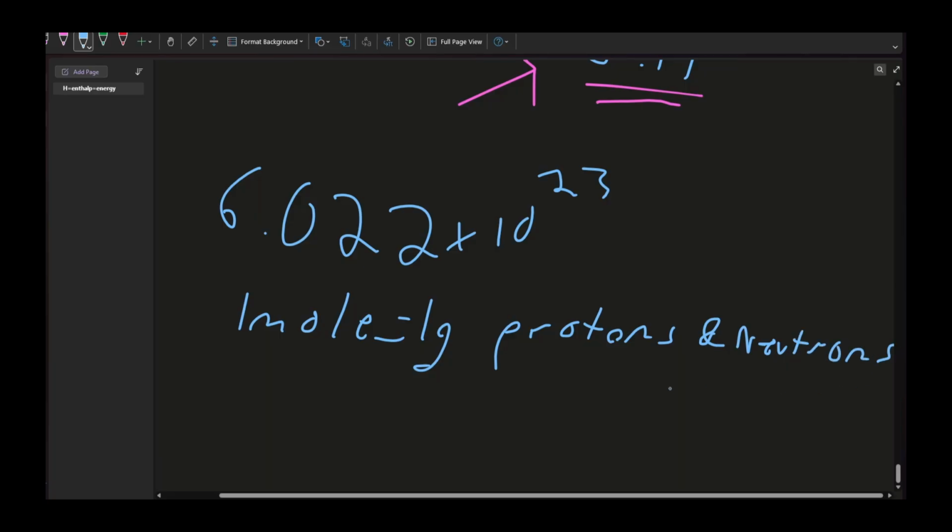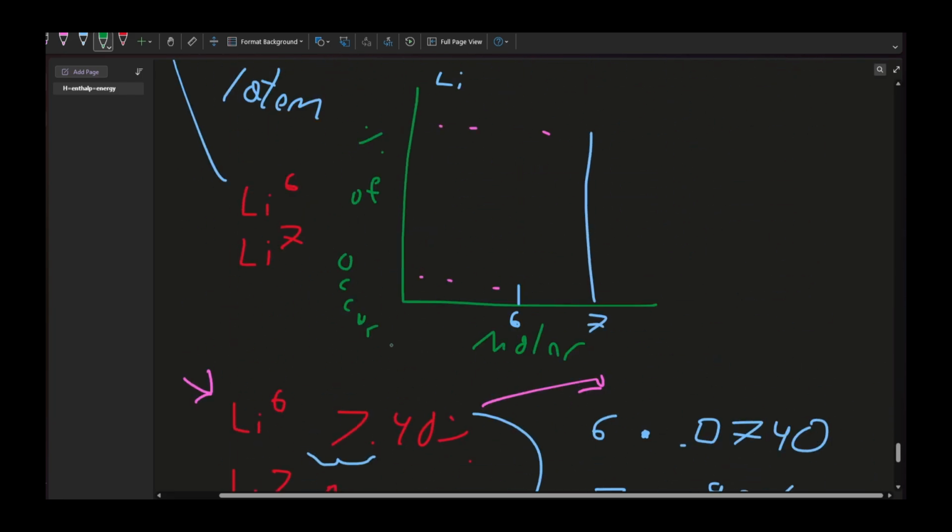This is going to be important when we talk about being able to find the different components of elements and things like that. But what you need to understand is this is a mole measurement right here. This is the relationship of 1 mole to protons and neutrons. That's where this number actually comes from.